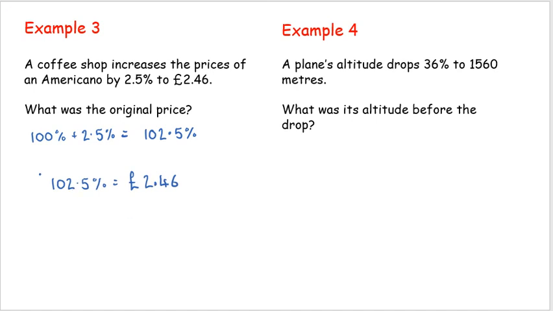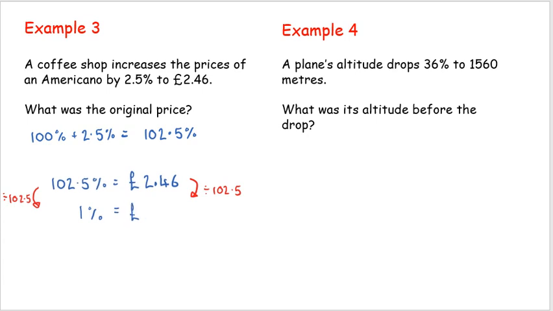Again, same as before, we need to now convert this to 1%. This is a bit of a trickier number, but the process is the same. We just divide by whatever this number is. So 102.5, and divide this by 102.5. From there, we end up with 1%.